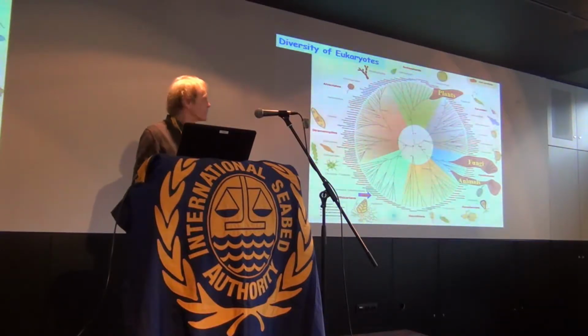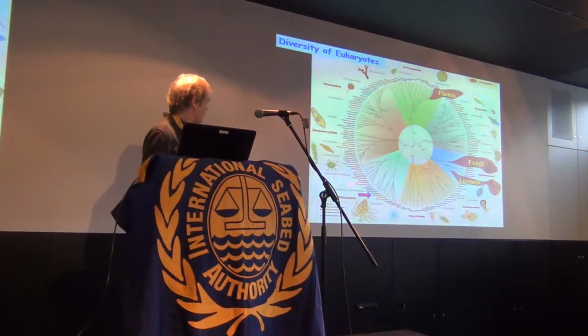But the vast bulk of the diversity of eukaryotes consists of microorganisms that we don't normally see. So a lot of the diversity is hidden.